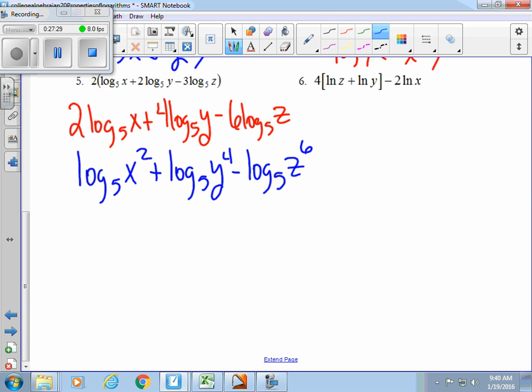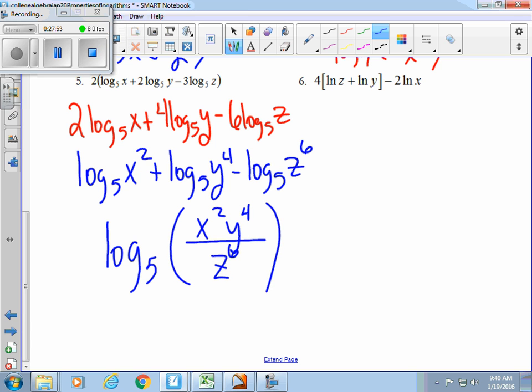And last step, rewrite it as one logarithm. Combine it into one logarithm. So I'm only going to write log base 5 how many times? One time. What goes on top? All the positives. So x squared and y to the 4th go on top. z to the 6th goes on the bottom.